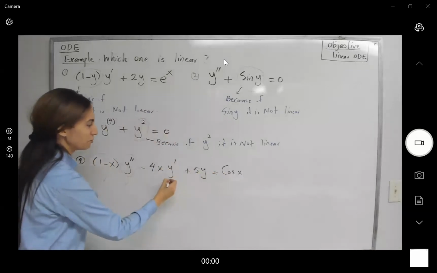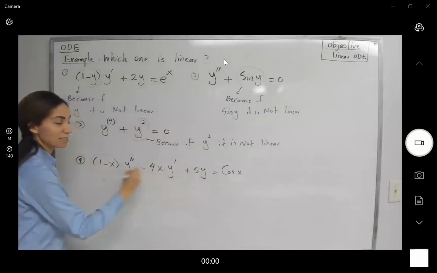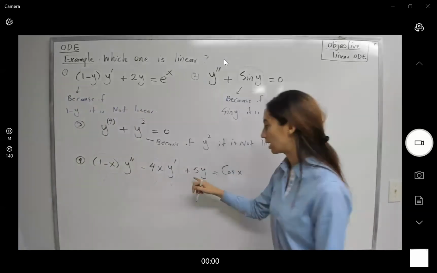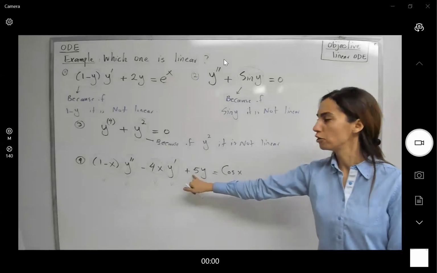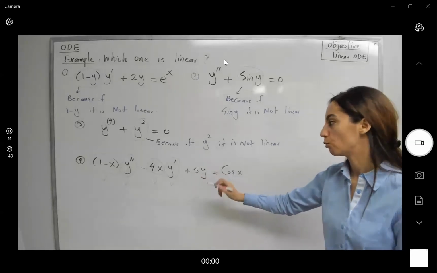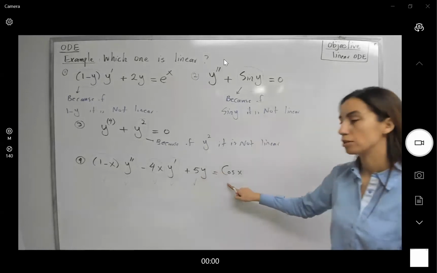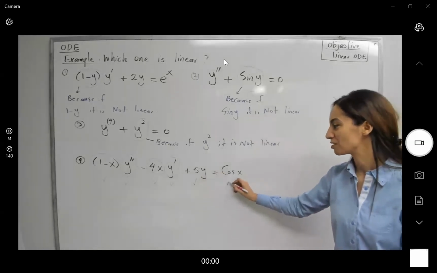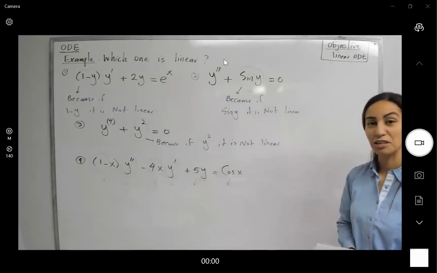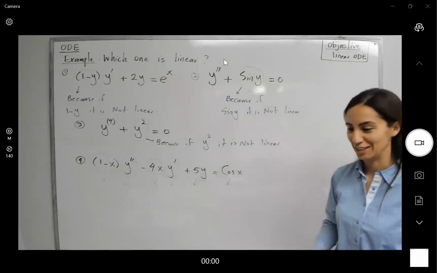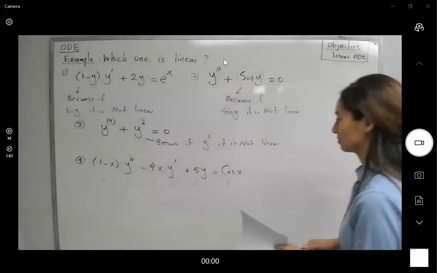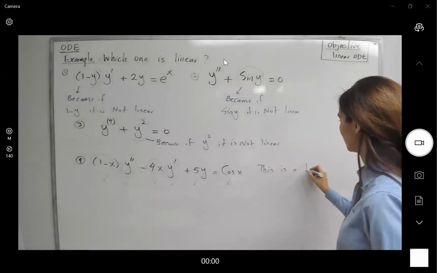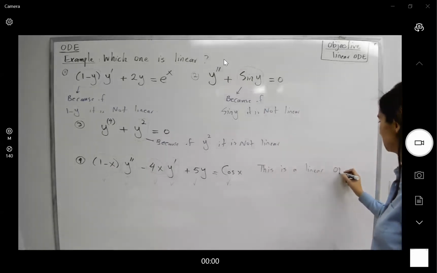Then the constant 5 multiplied by y, which is absolutely fine. And on the other side, cosine of x, a function of x. So this ordinary differential equation is linear.